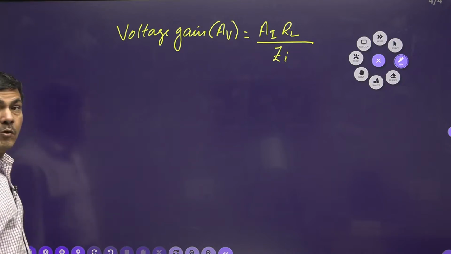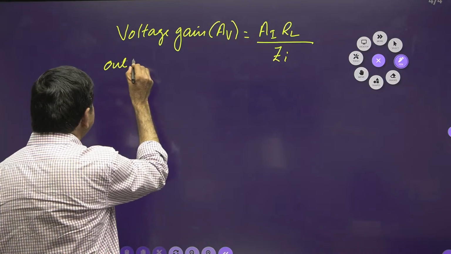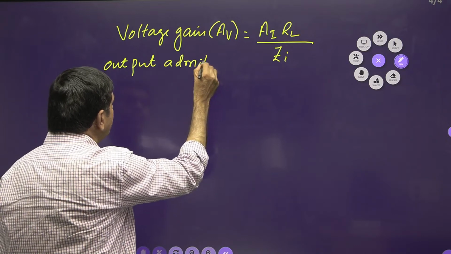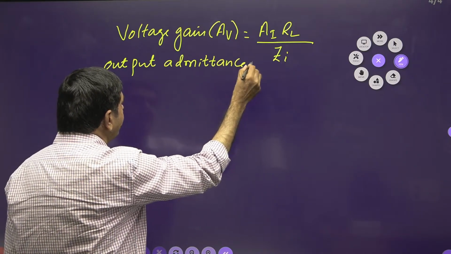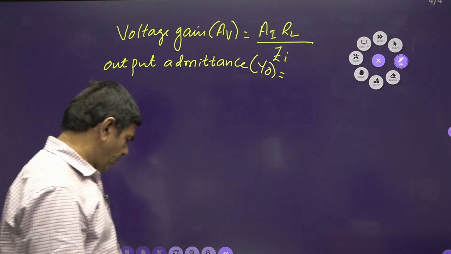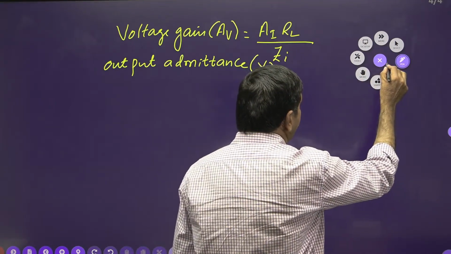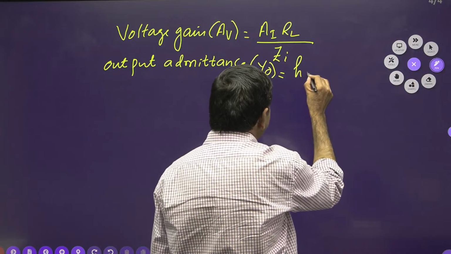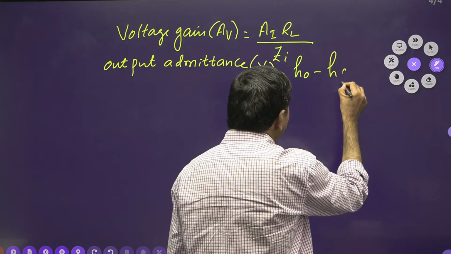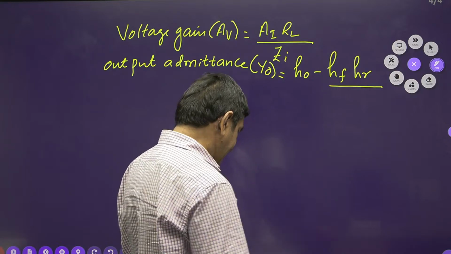And what about the output admittance? To find the output admittance, you must use this formula. Y naught is the output admittance: H naught minus HF into HR, divided by Hi plus RS.